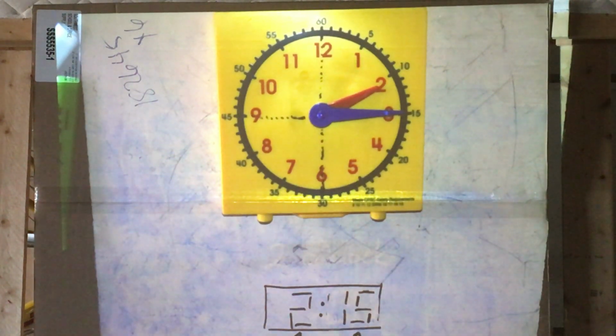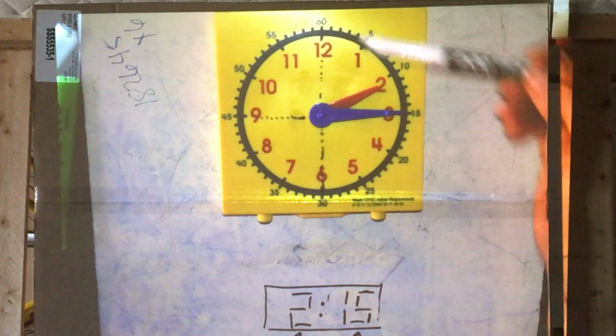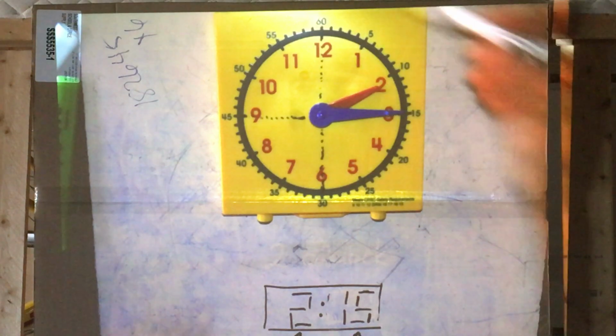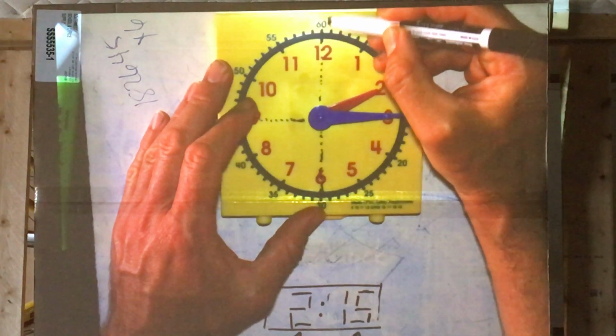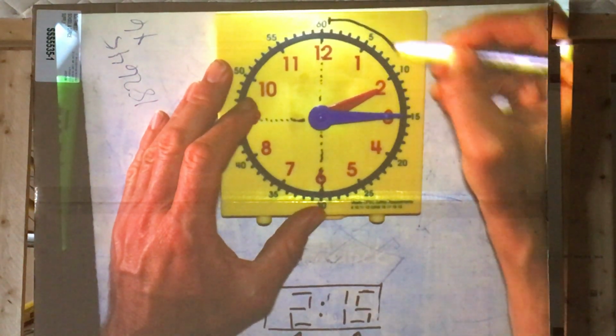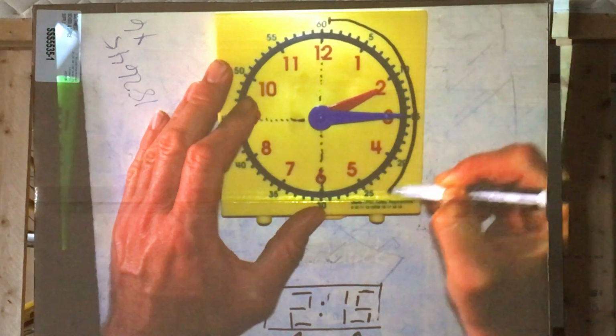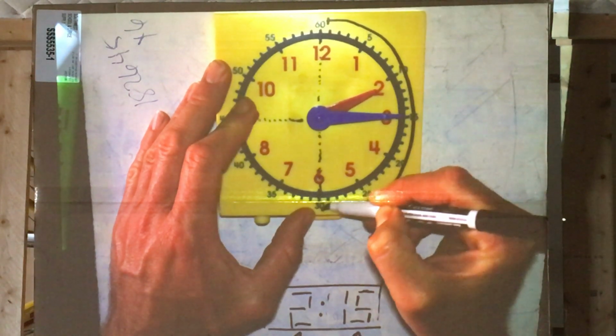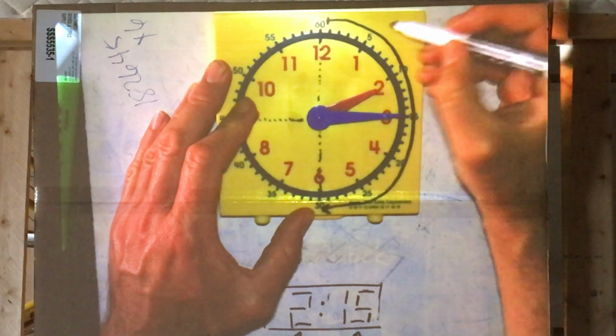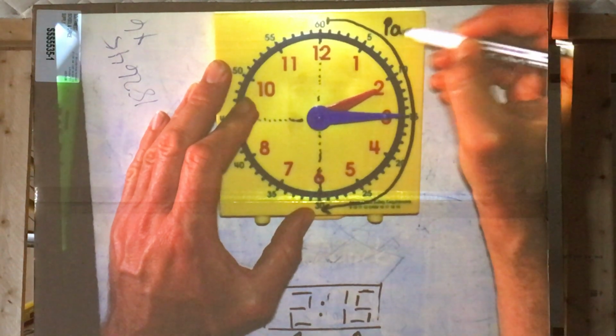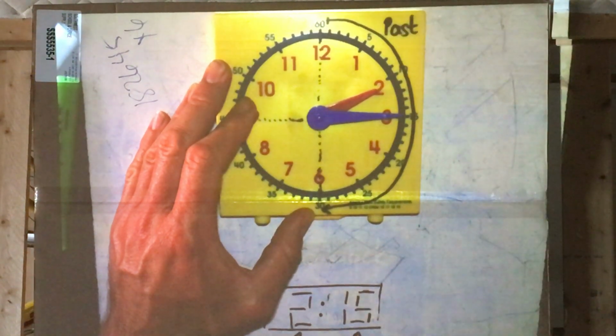Now, this is the slightly harder part. This is the bit that kids get slightly confused about. When the minute hand is, and I've said it before, anywhere from here, and I'm going to draw it all the way around to here, we talk about how many minutes past the hour.